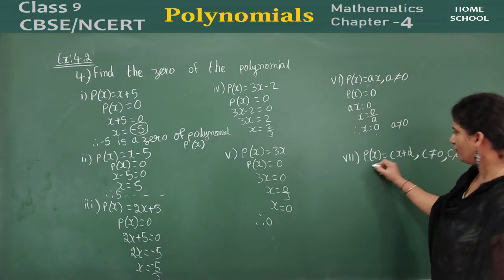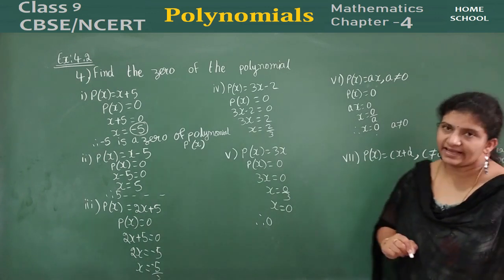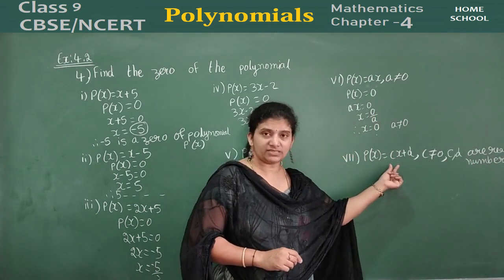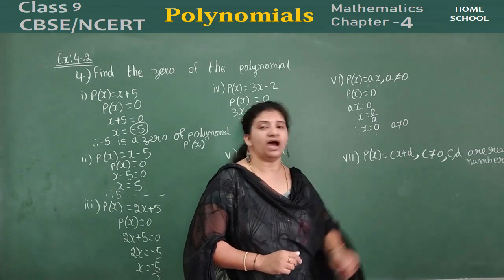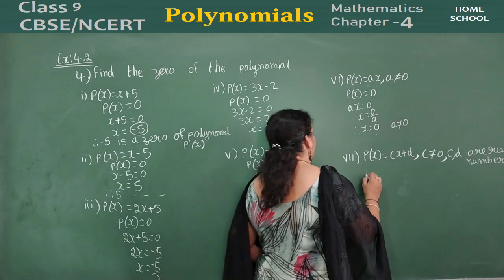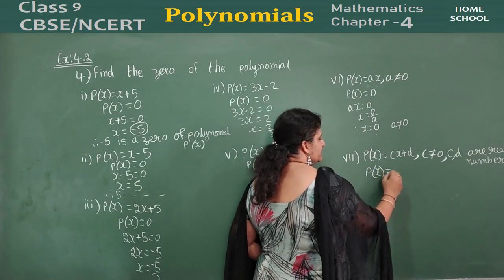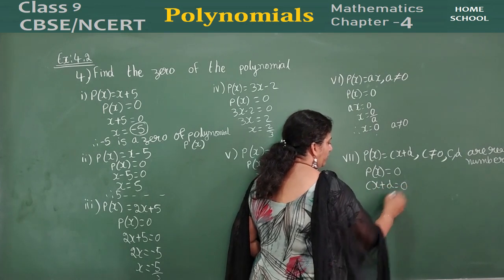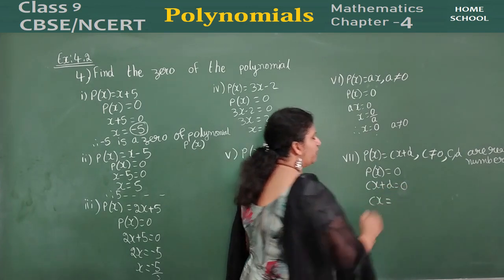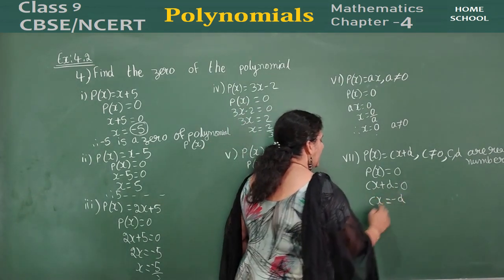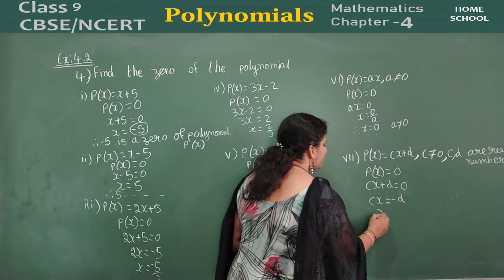Seventh one, P of x is equal to cx plus d. There is a condition where c is not equal to 0. c, d are real numbers. So now, P of x equal to 0, cx plus d equal to 0, cx is equal to minus d if you send the other side. And I don't want c here, c is a multiple.